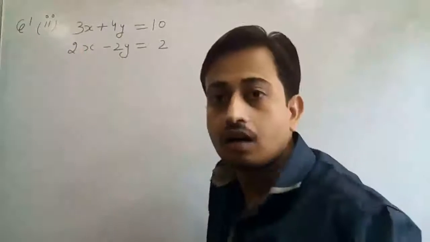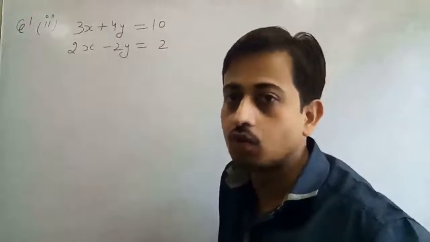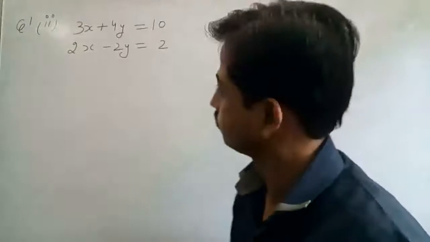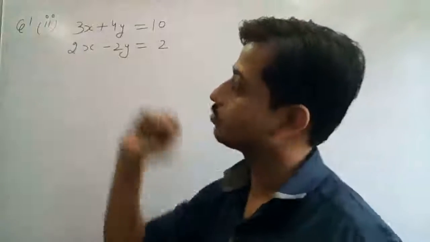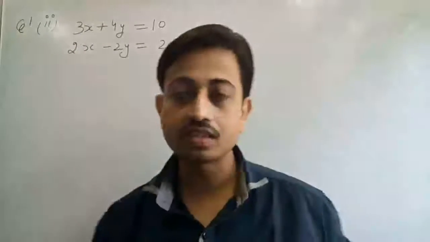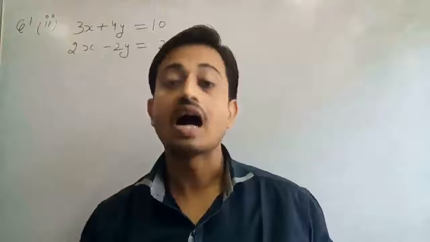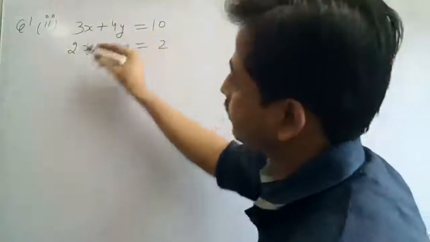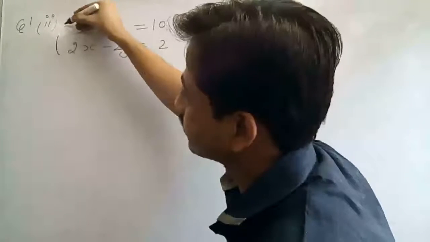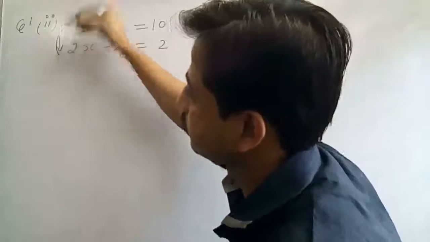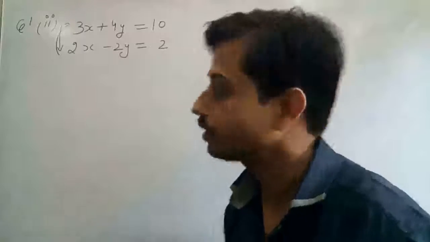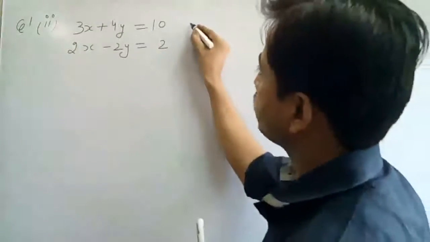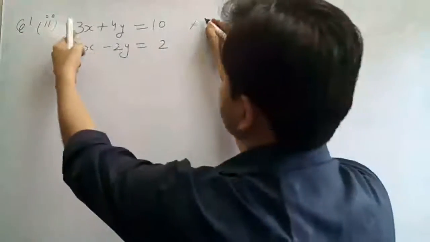How do we make the coefficients of any variable equal? I am going to make the coefficients of x equal. Here the coefficient of x is 3 and here the coefficient of x is 2. What I do is multiply this coefficient with this equation and this coefficient with the other.